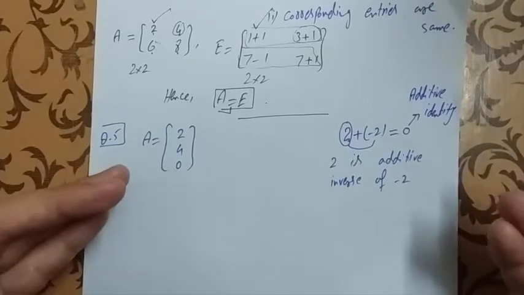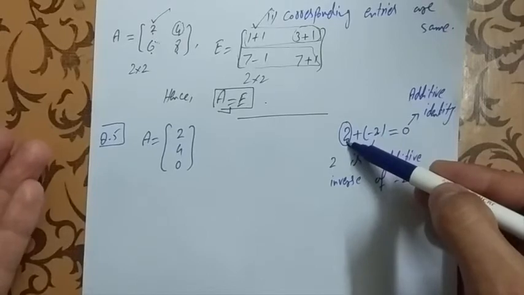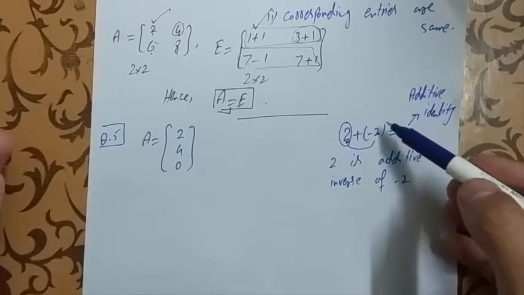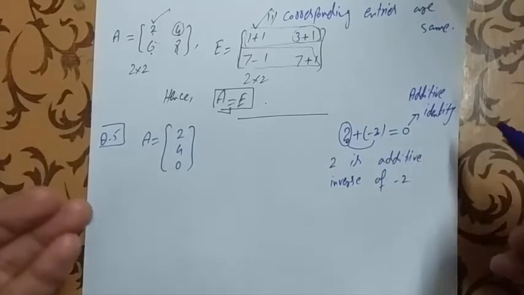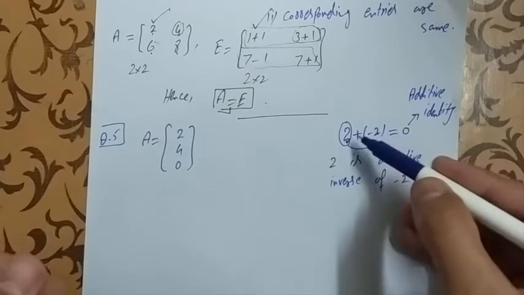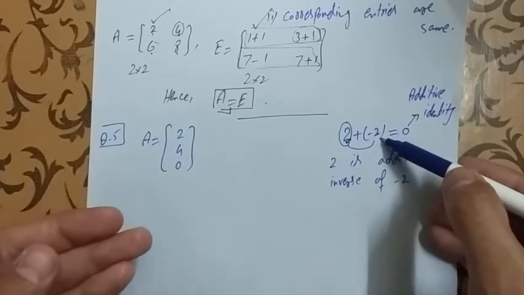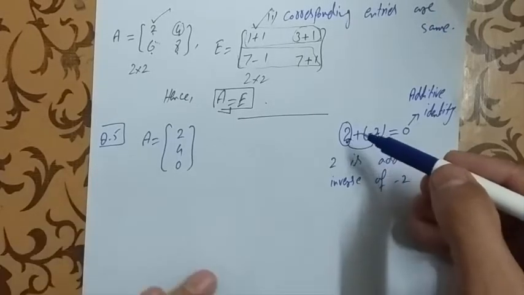And in another way, minus 2 is also the additive inverse of plus 2, because when we add these two, the result is equal to 0. So 2 is the additive inverse of minus 2, and minus 2 is the additive inverse of plus 2.